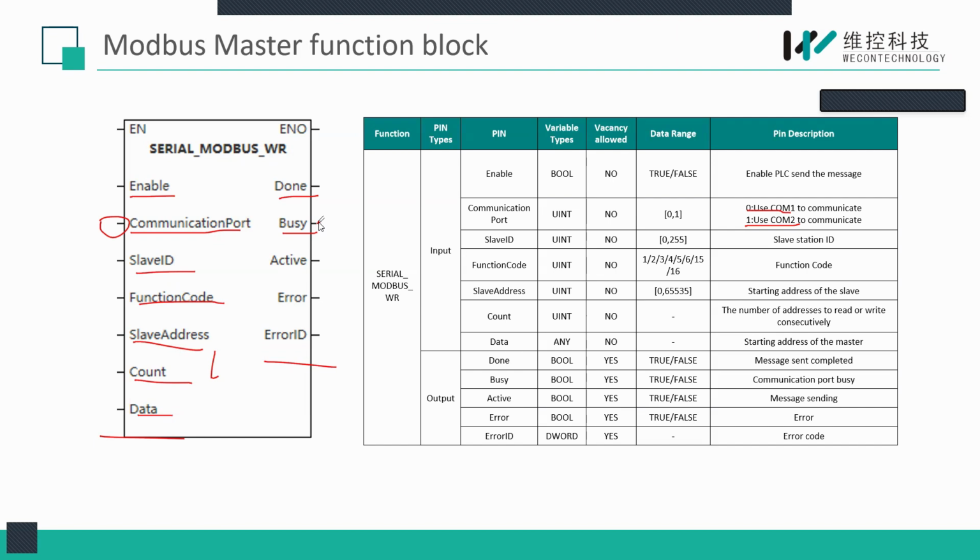So just one Modbus function block is working, and the others will show you the COM port is busy. And active means the message is sending.